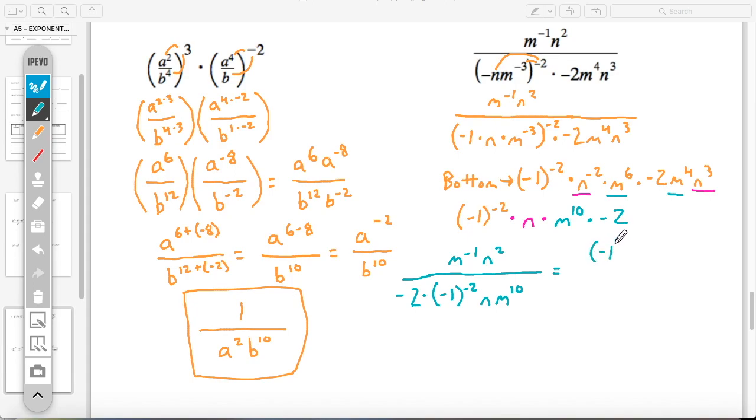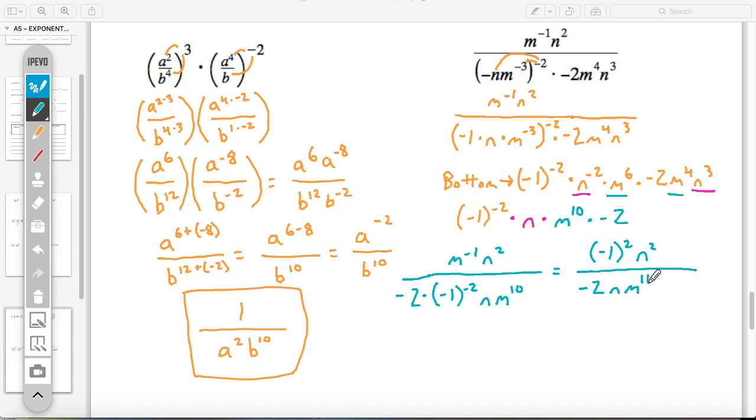So I have -1 to the positive 2nd power times n squared divided by -2 n, and then this m to the -1st power will come down to the denominator, changing it to m to the positive 1st power. So then I can use the product rule. So I have m to the 1st power times m to the 10th power.